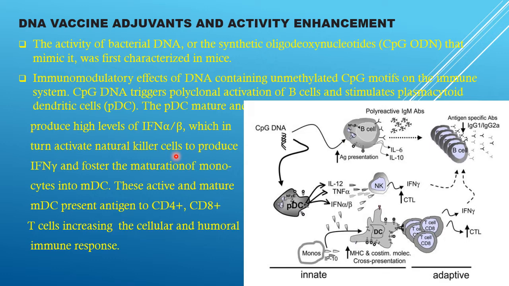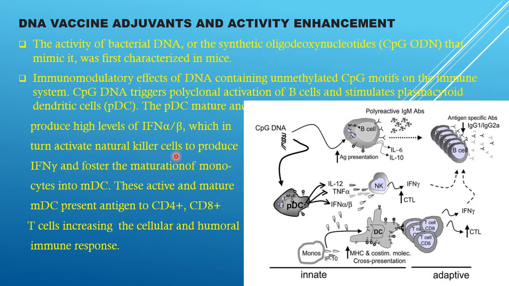So we shall understand what these CpGs are. CpG sites are regions of DNA where a cytosine nucleotide is followed by a guanine nucleotide in the linear sequence of bases along its 5 to 3 prime direction.